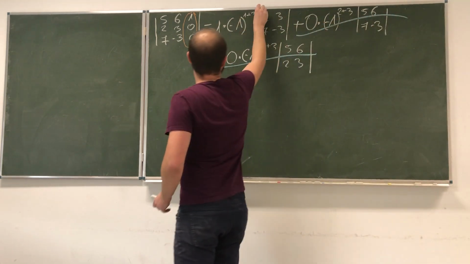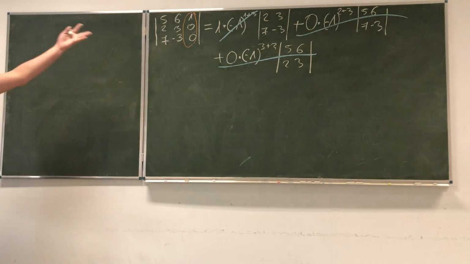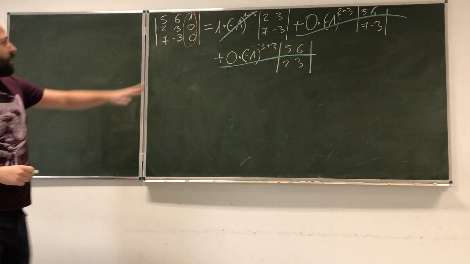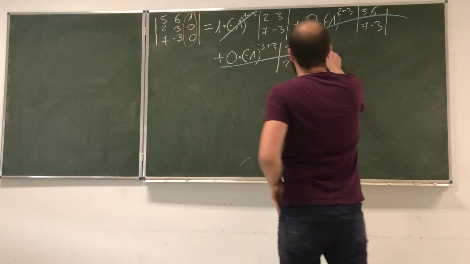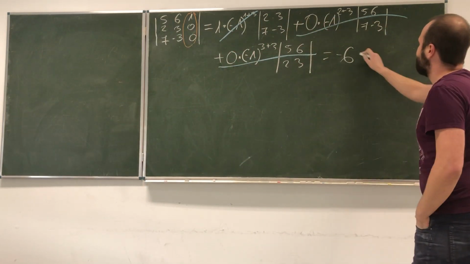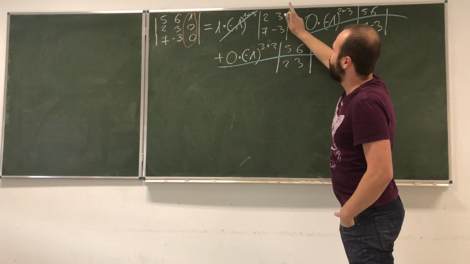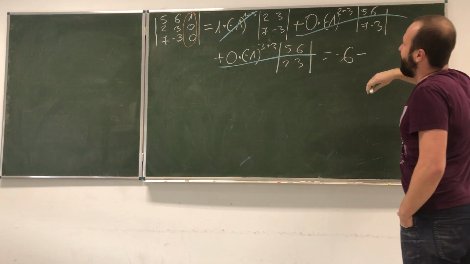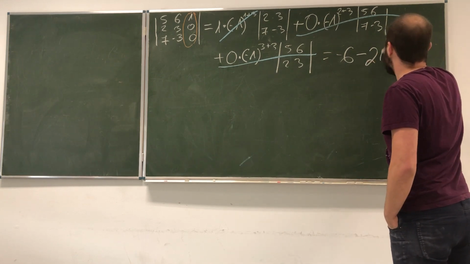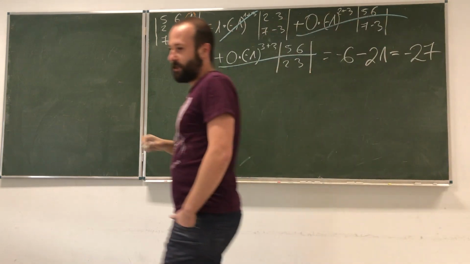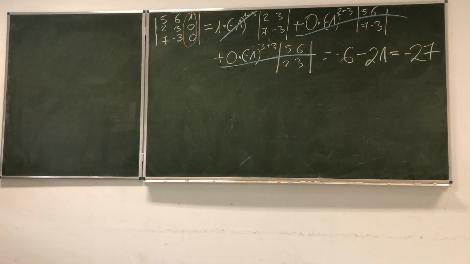And we don't need this as well, right? Because 1 plus 3 is 4, so we get just 1. All we need to do here is to calculate 2 times negative 3, which is negative 6, minus 2, 7 times 3, which is 21. So we get that this is negative 27.